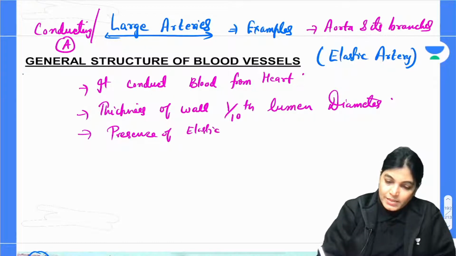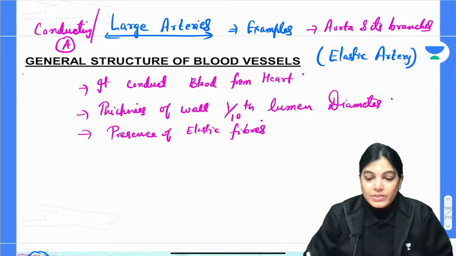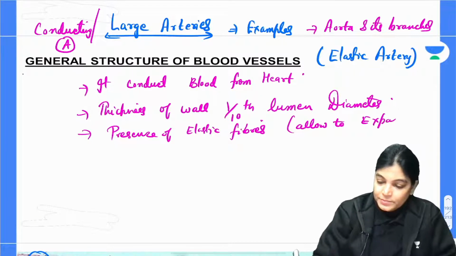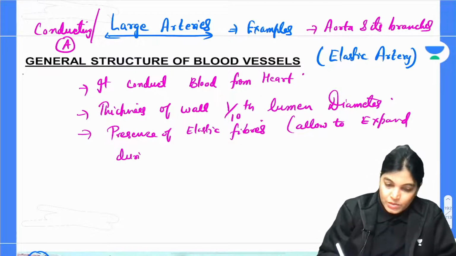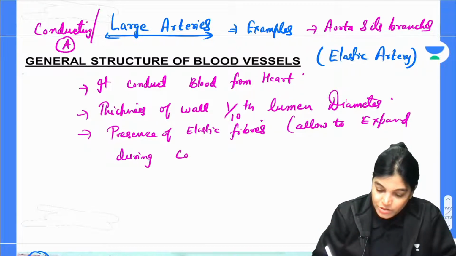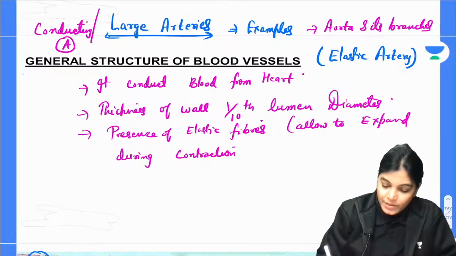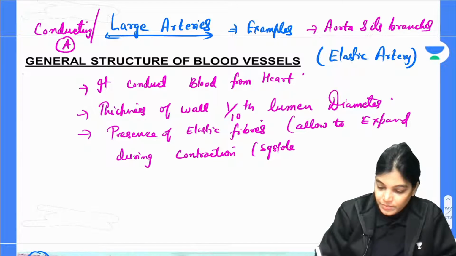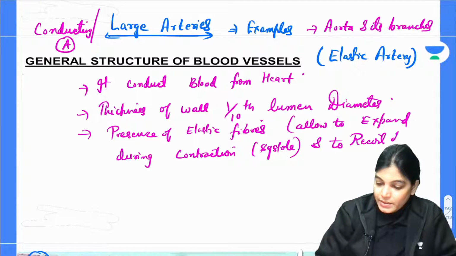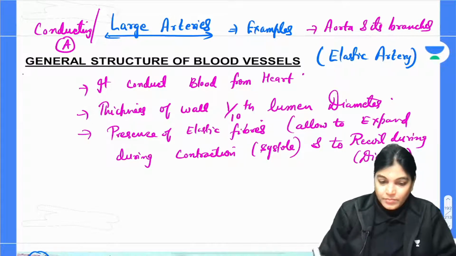The elastic fibers present in the walls of the elastic artery allow expansion during contraction, that is systole, and they recoil during the diastole of the heart.